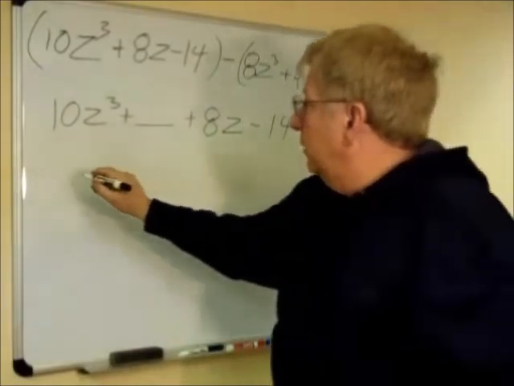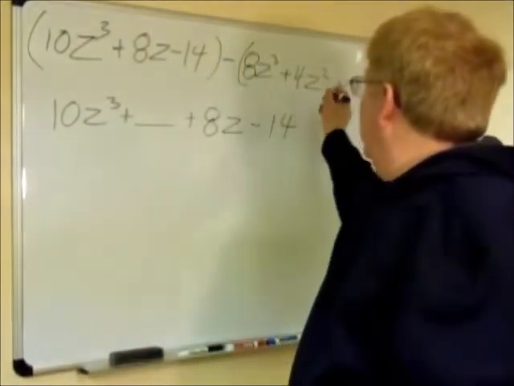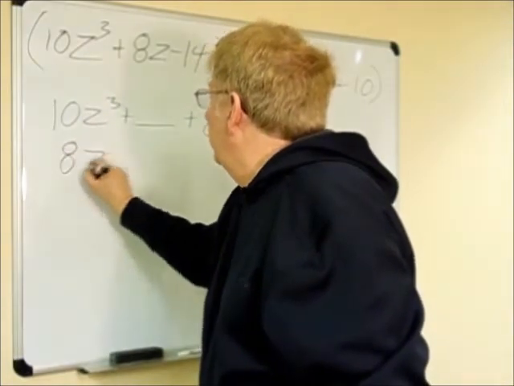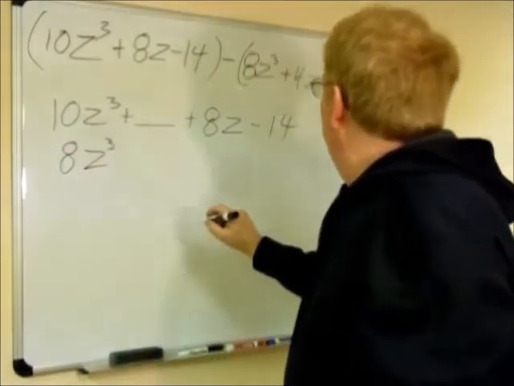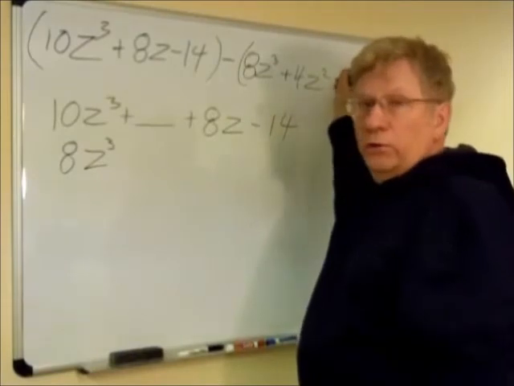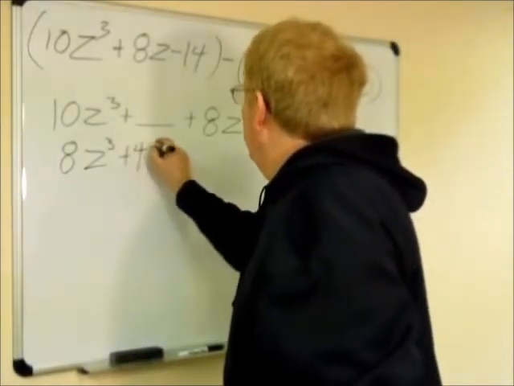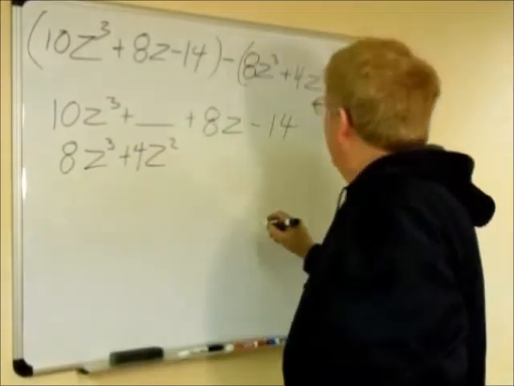Now I'm going to subtract the second set, and we have an 8z cubed, and we do have a squared term in this case. So we have a 4z squared.